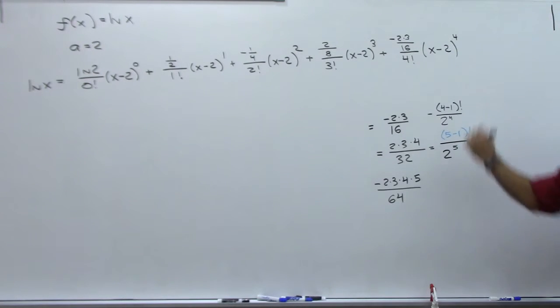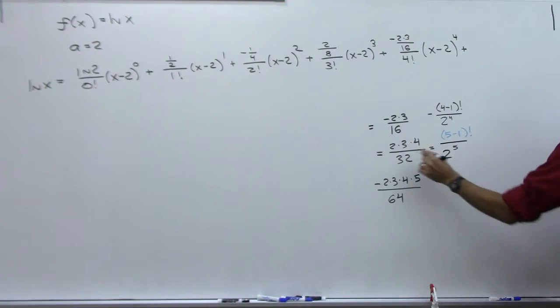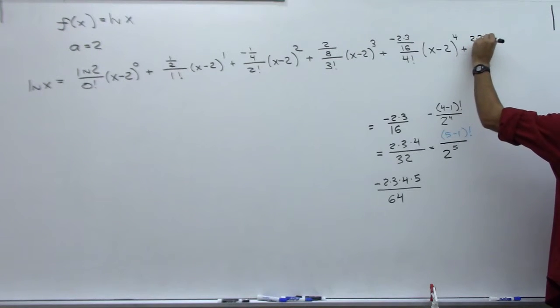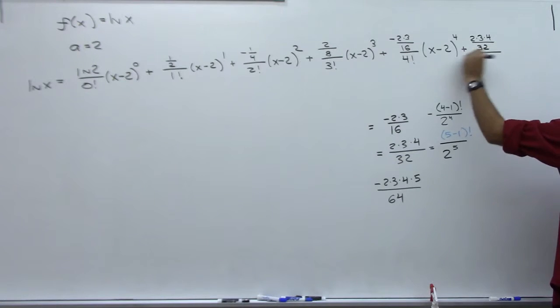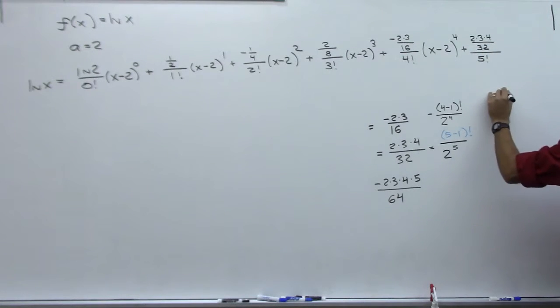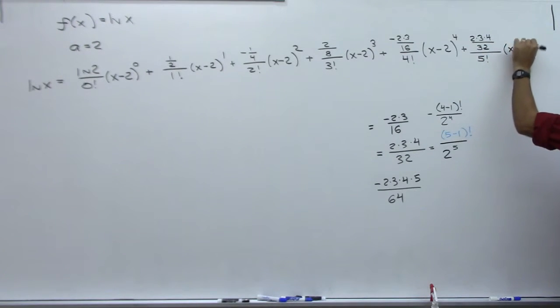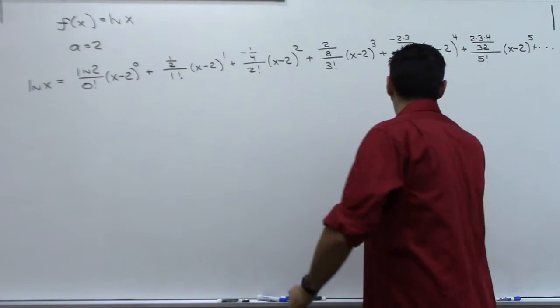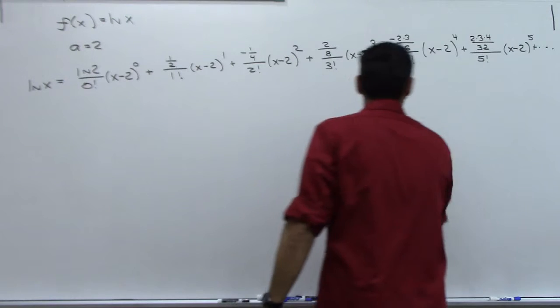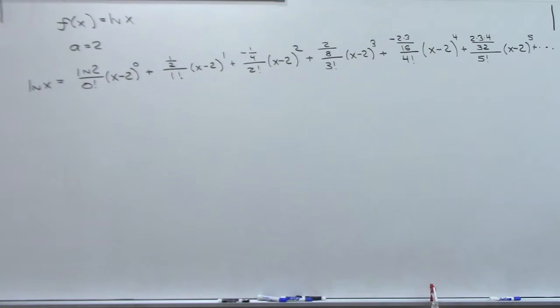I'll do one more. Plus 2 times 3 times 4 over 32 over 5 factorial x minus 2 to the 5th plus dot dot dot. So that's my Taylor series for natural log of x about a is 2.